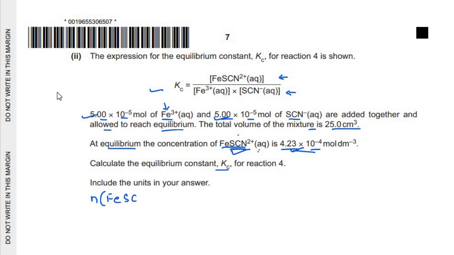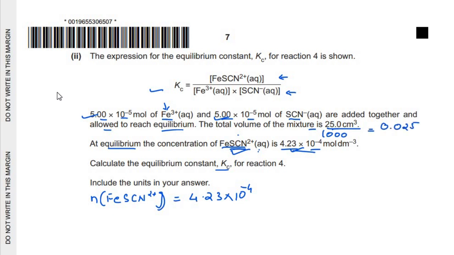That is concentration multiplied by volume. The volume is 25 cm³, which divided by 1000 to change into dm³ gives 0.025.